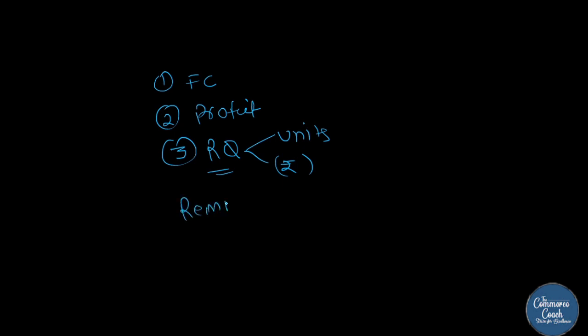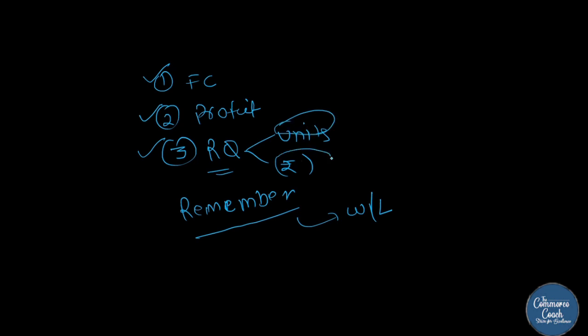Then you got homework to remember some of the formulas without any logics. I know it is illogical to remember, but I will tell you the concept later on. Today I told you the concept of fixed cost, the concept of profit, and the concept of required sales in units as well as in rupees.